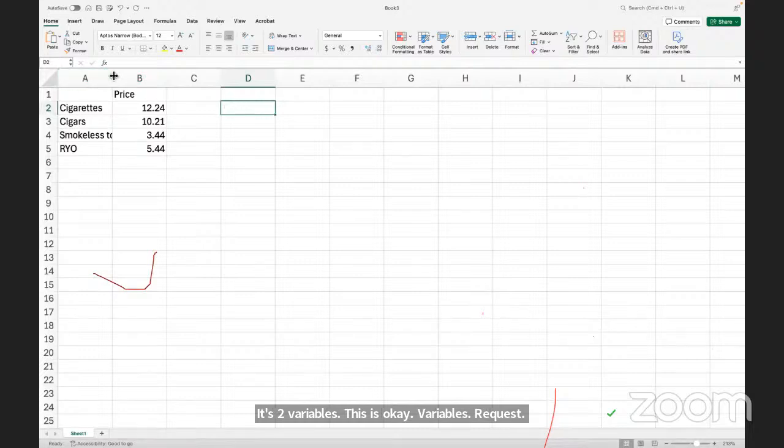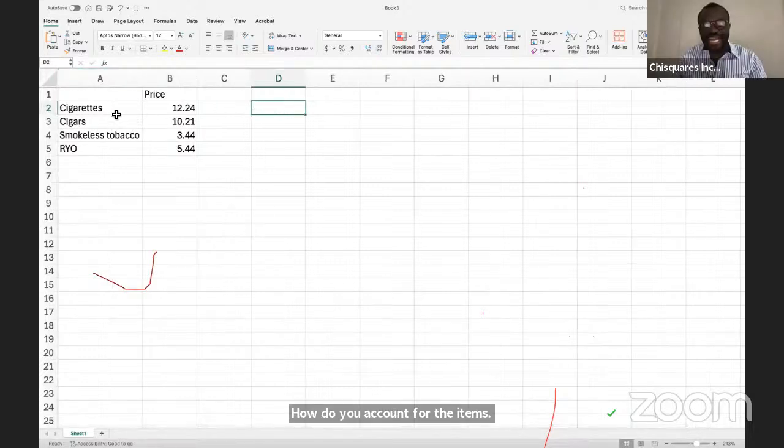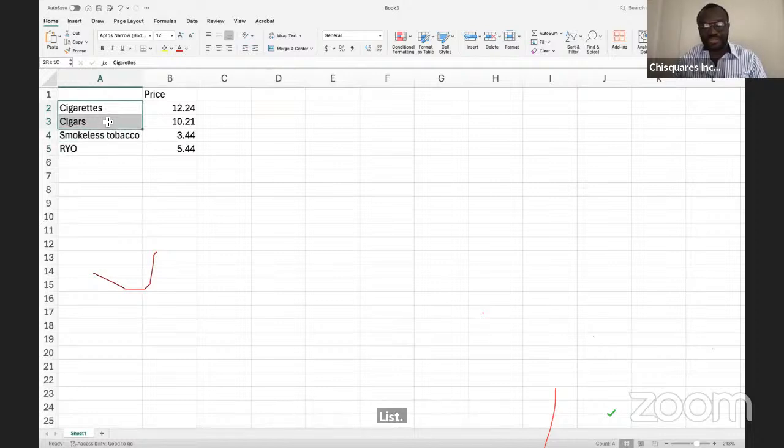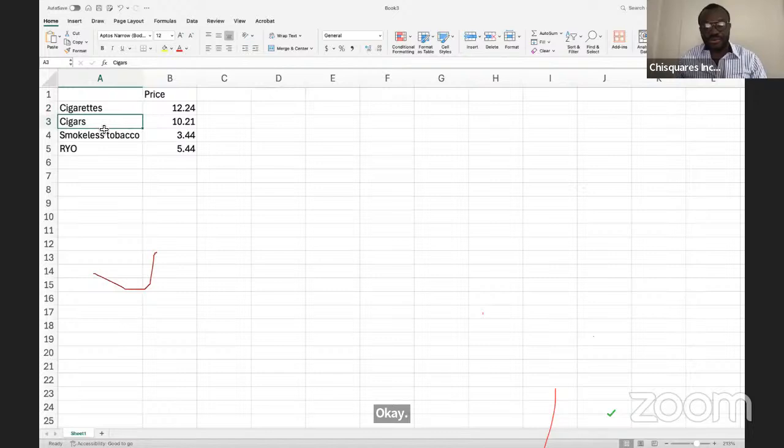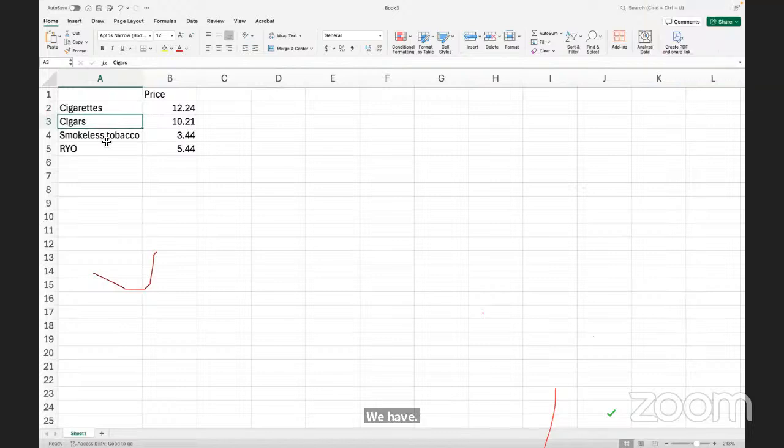The items are the unit of observation. Some say we have 4 variables, which are the things you listed: the cigarettes, the cigar, the tobacco, and the oil.